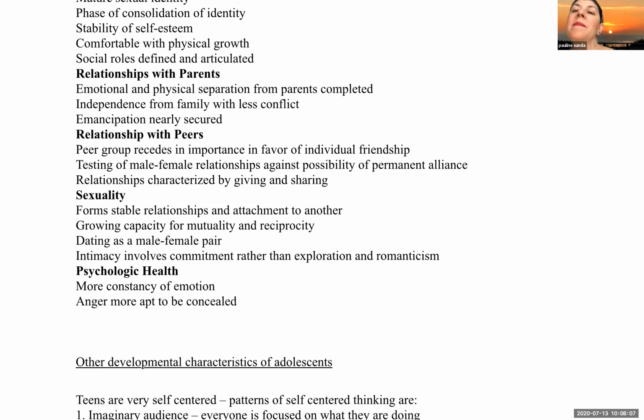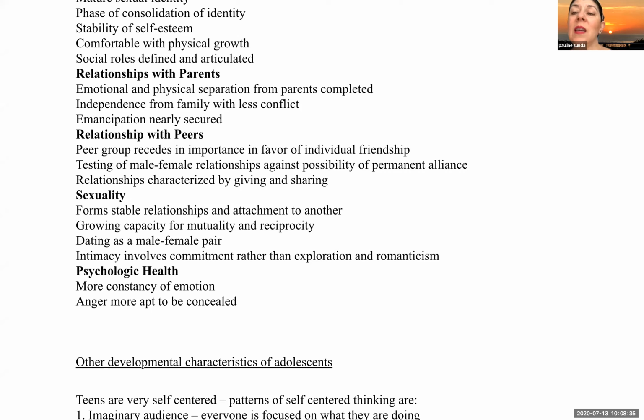So here basically what we're seeing, instead of having large groups of friends, they're paying more attention to those really good individual friendships. Also, the relationships with whoever they're sexually attracted to, they understand that they are characterized by giving and sharing.